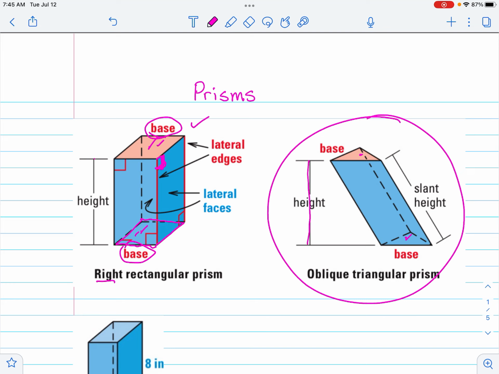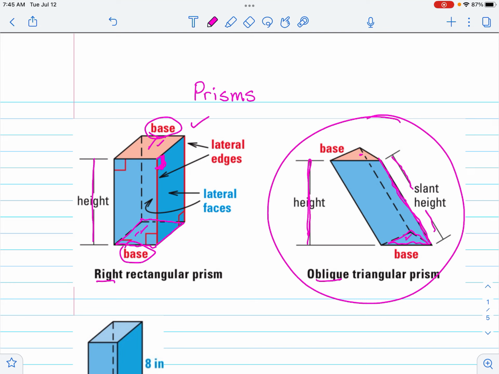And of course, this is a triangular prism, because the base here is triangular. In the case of the oblique prism, it's not a right prism, so we have a slant height, the distance up this face over here. This is called the slant height.